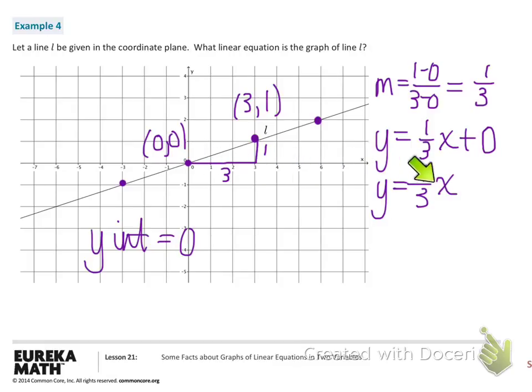This is a proportional relationship where the ratios of y to x are always equal. I'm taking this constant of proportionality, the constant here that keeps these two numbers x and y in proportion.